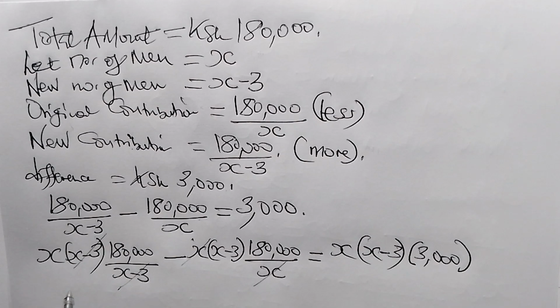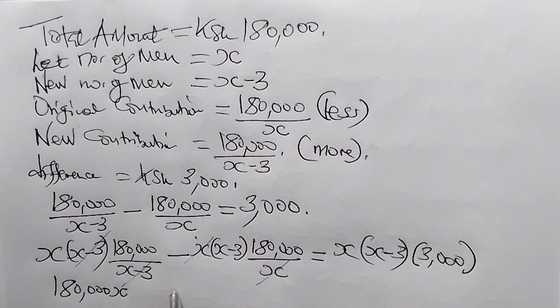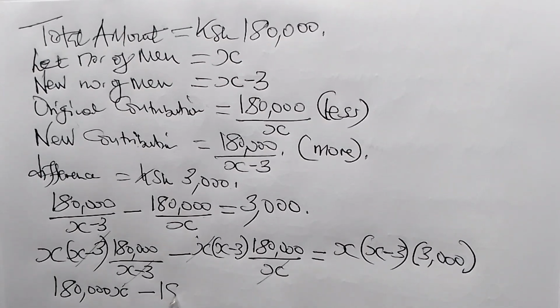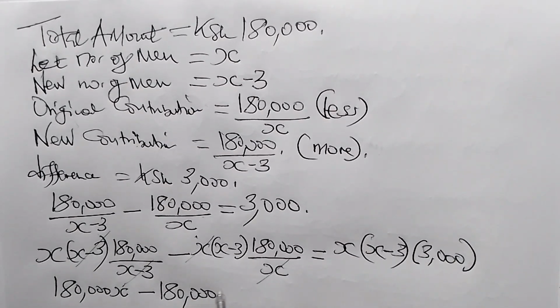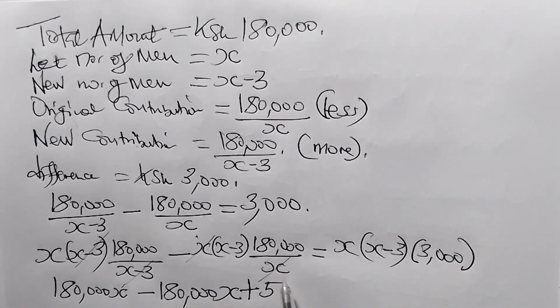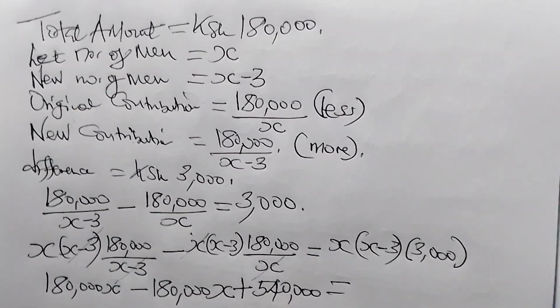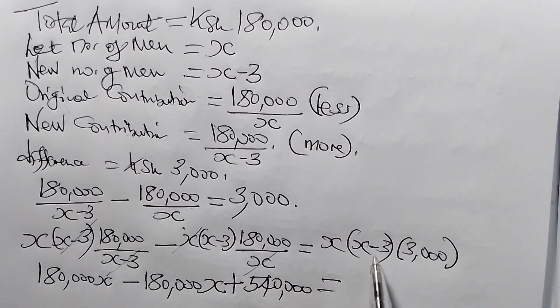So we're going to get 180,000x. When we open the brackets here, we're going to get negative x multiplied by 180,000, so it will be minus 180,000x, and then negative times negative gives you positive, plus 540,000, to be equal to x times x, x squared.